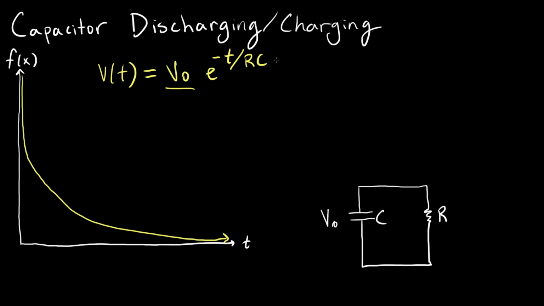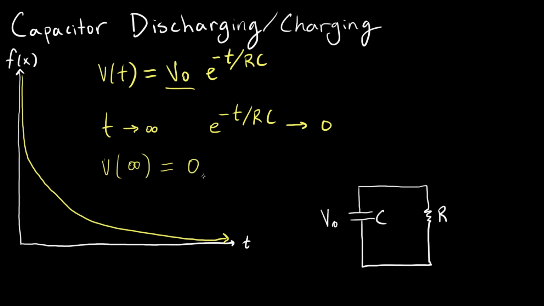And now, if t tends towards infinity, e to the negative t over RC will tend towards 0 because this term will become smaller and smaller since it's a negative exponential. So that means that V infinity will also tend towards 0.